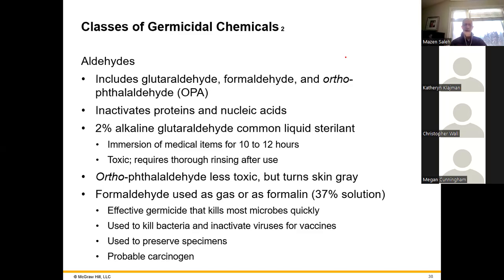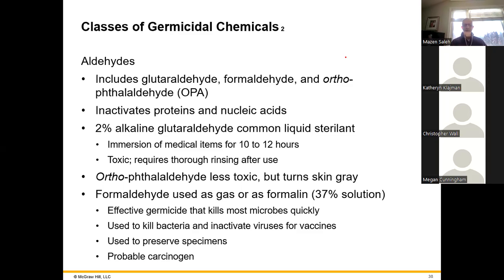They work in a similar way to alcohol, with the added effect of cross-linking proteins. So in addition to denaturation, these agents can actually cross-link proteins together, a feature that will cause them to aggregate and render them inactive.